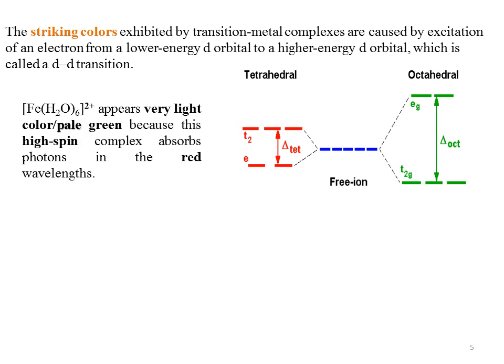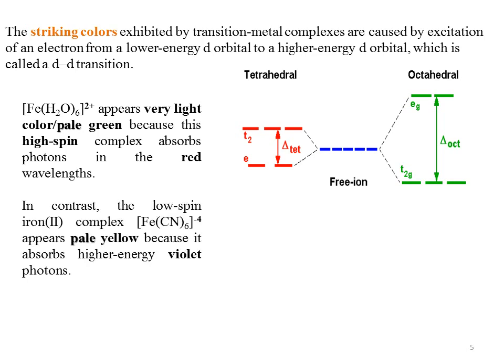For example, here we have the hexaaqua complex which appears very light or pale green because this is a high spin complex and absorbs photons in the red wavelength light. This color is so light that we have to place a white background to observe this very light or pale green color.